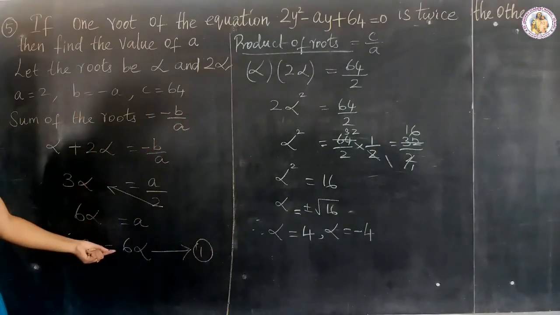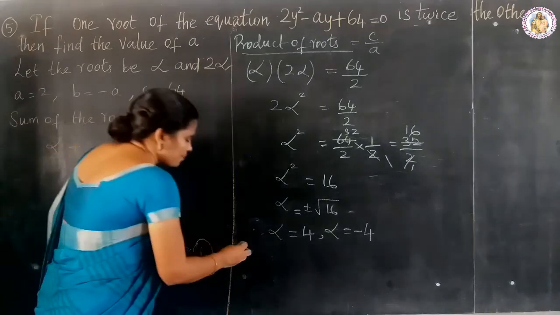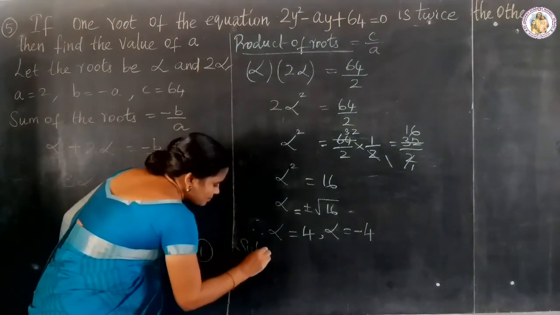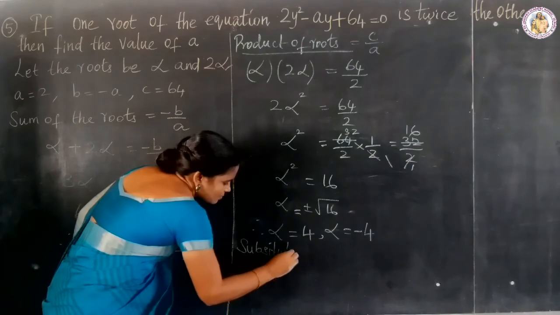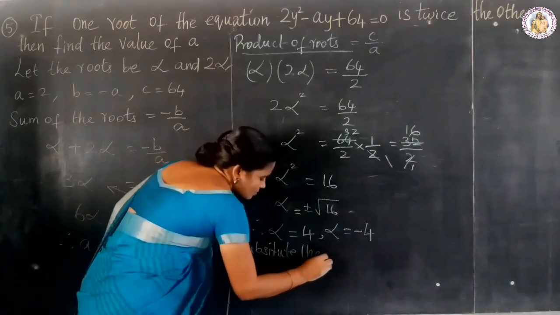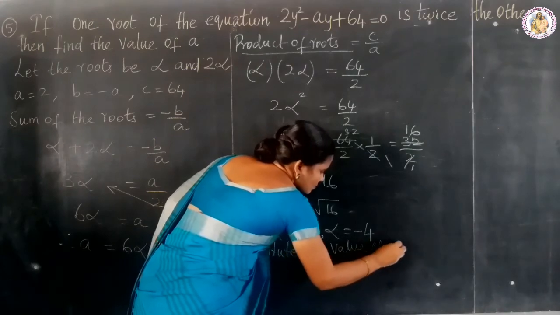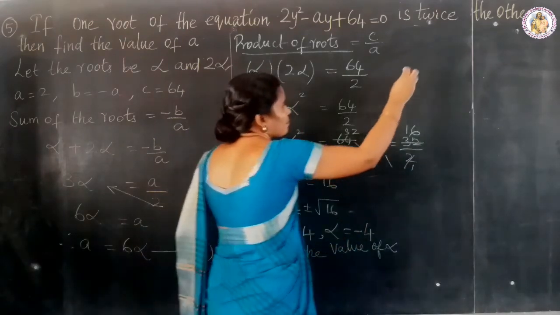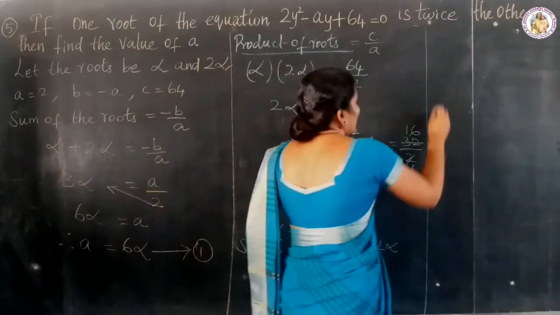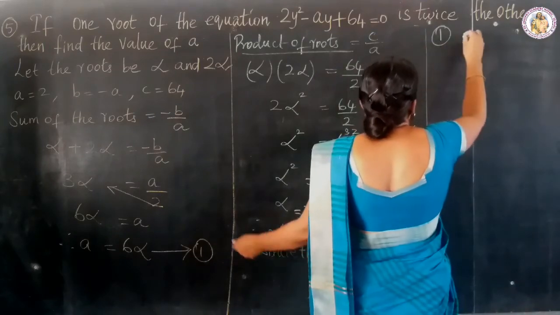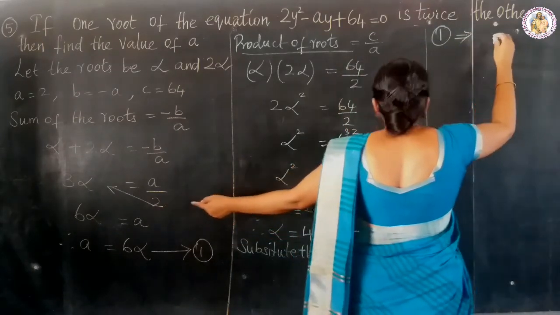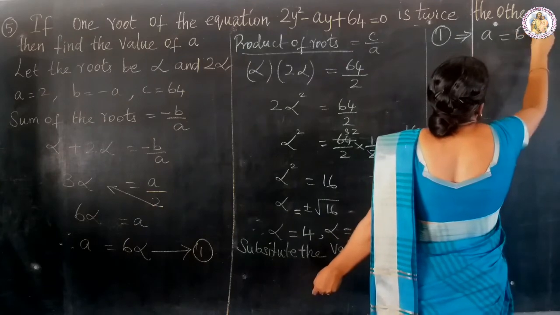So a is equal to 6 alpha. Now substituting the value of alpha in equation 1, it is given as a is equal to 6 alpha.